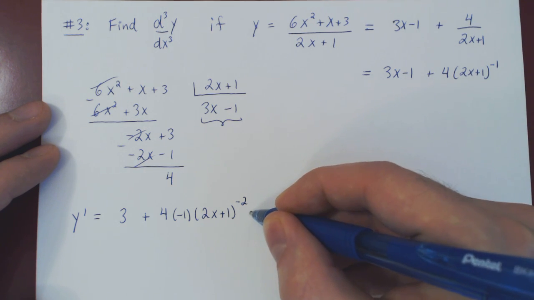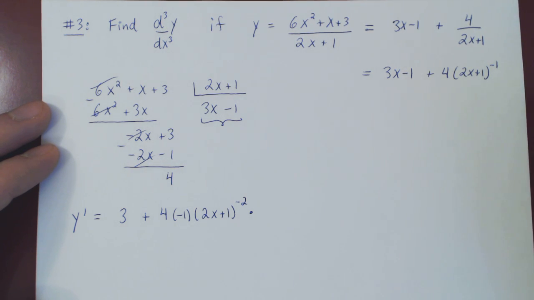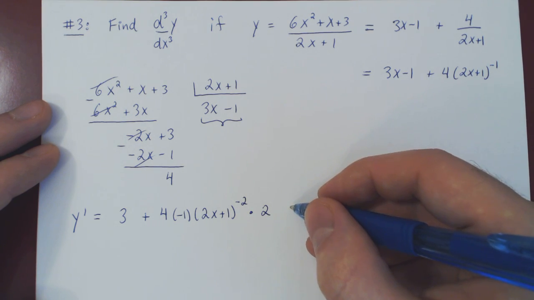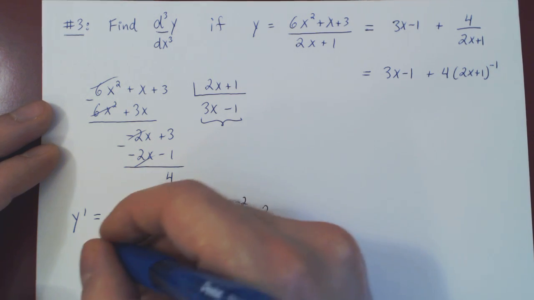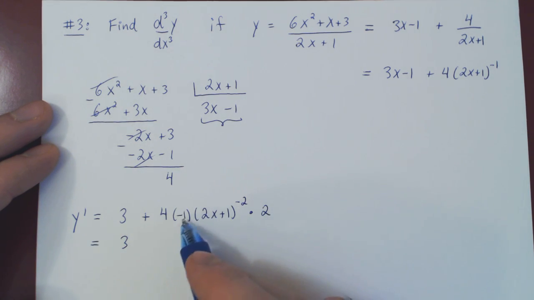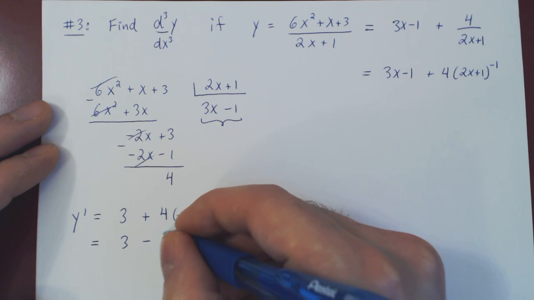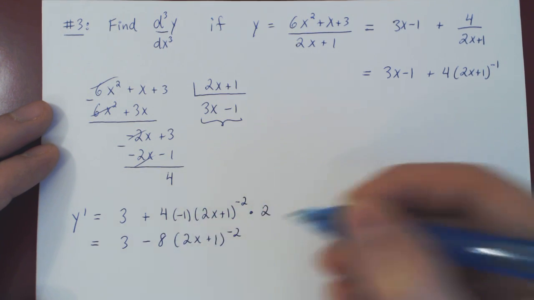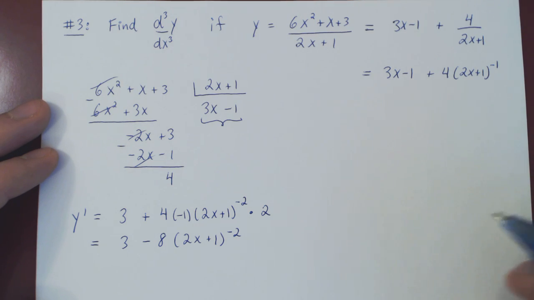And by the chain rule we must multiply what we have so far by the derivative of the argument, and the derivative of 2x plus 1 is 2. And now we have our derivative, which we can write in simpler terms: 3, 4 times 2, 8, times negative 1, negative 8, times 2x plus 1 to the negative 2. Here's the first derivative, easily obtained from the power rule and the chain rule.